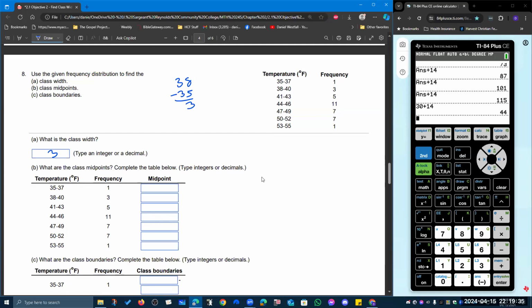And for the midpoint here, 35 plus 37 divided by 2 is 36. Now I can add 3 to get my next midpoint, add 3 to get my next midpoint, and so on. And there we go.